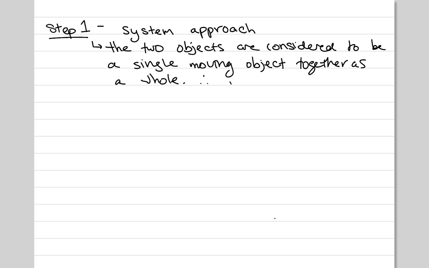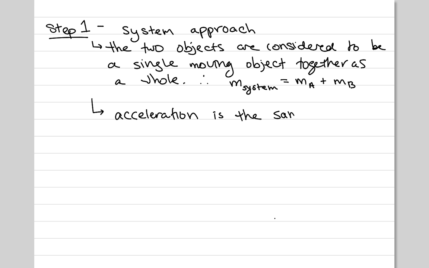And therefore you have the mass of the system, which would be mass of A plus mass of B. And this is the most important thing here, that the acceleration is the same for both objects.